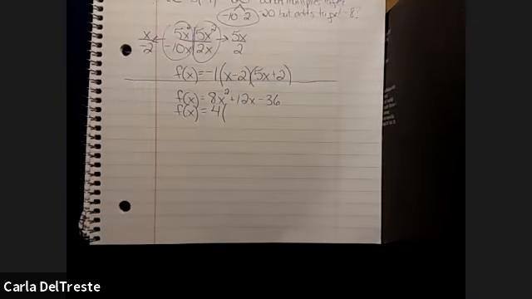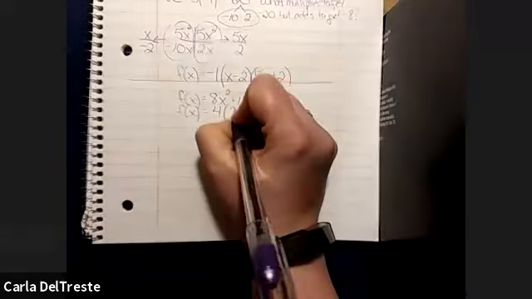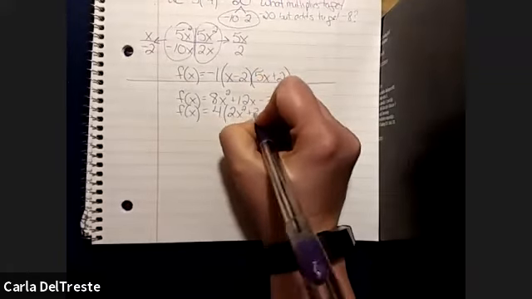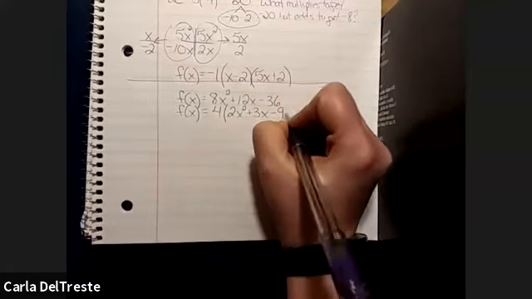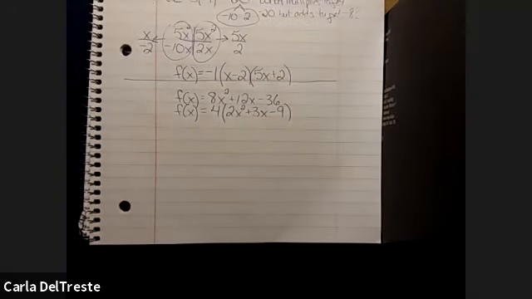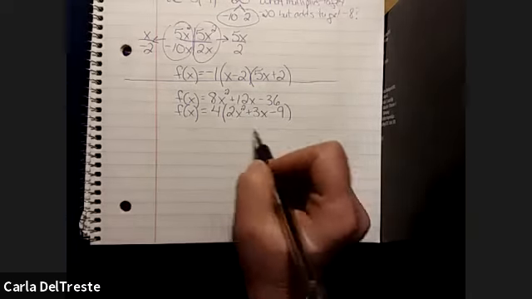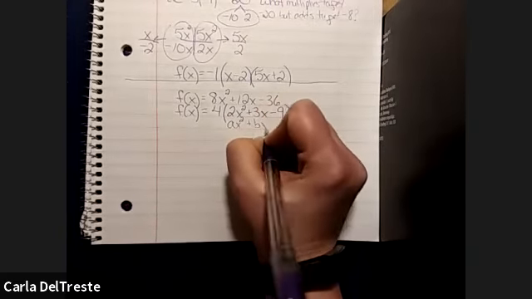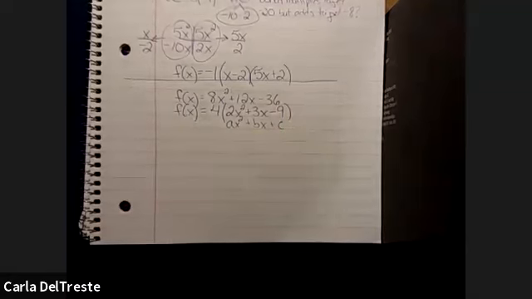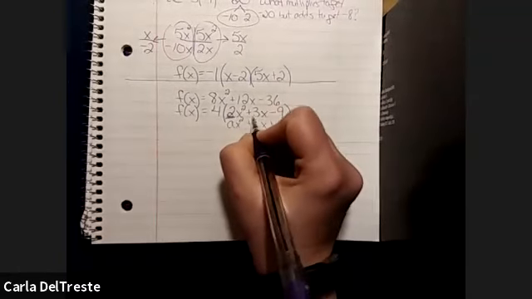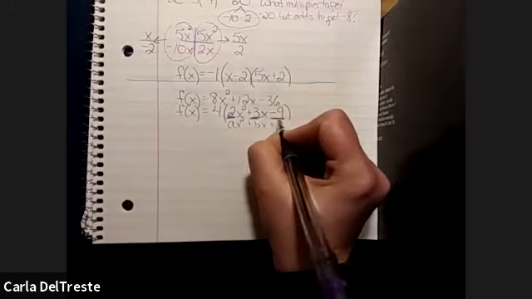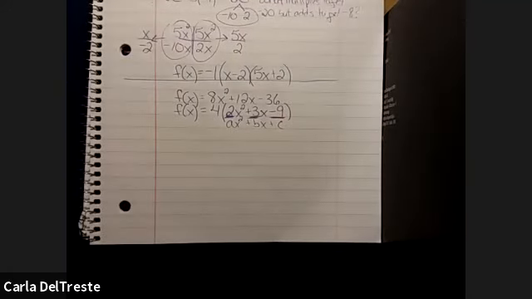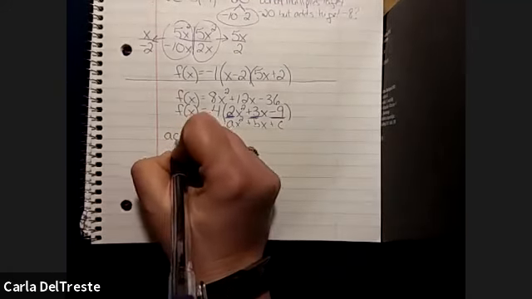When I divide everything by 4, I'm left with 2x squared plus 3x minus 9. Then I looked at this as a quadratic. So yes, this is a quadratic. I compare it to ax squared plus bx plus c so that I can identify my a, b, and c terms. And then I multiply a times c.